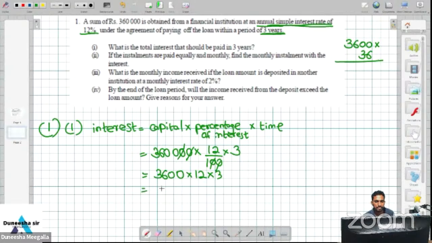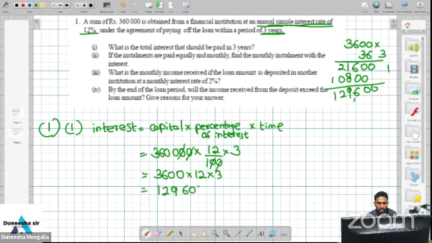What is the answer? ₹129,600. Okay, it's in rupees.